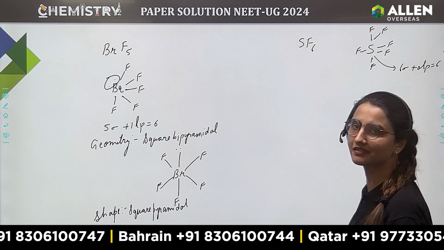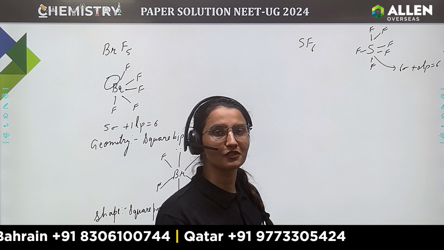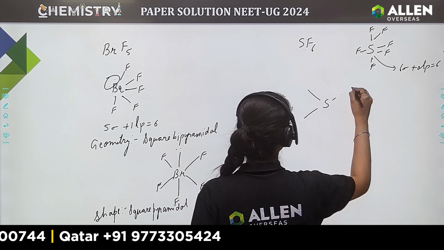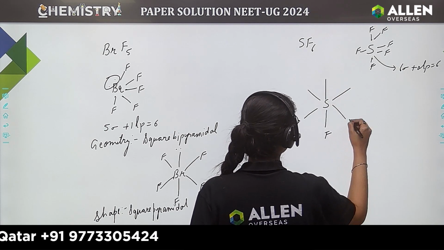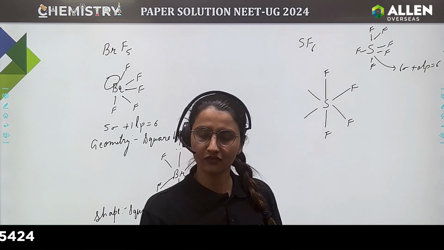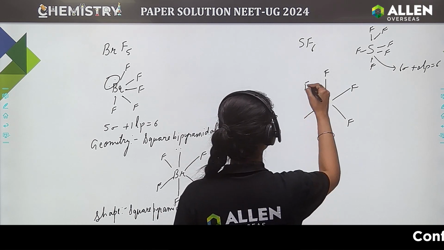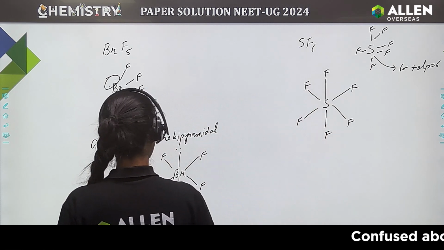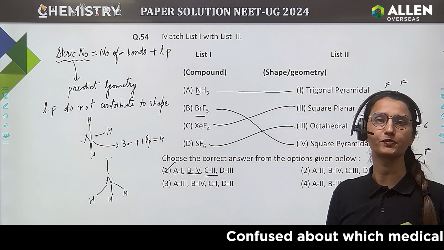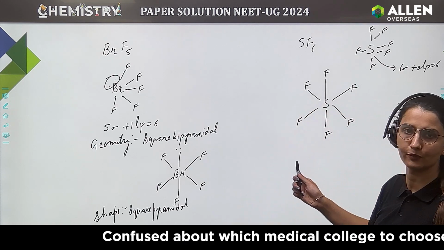Steric number is 6. So geometry and shape are the same because there is no lone pair. And what is the shape? Shape is, students, octahedral. Either I can say octahedral or we can also say square bipyramidal. Let's quickly check. What is the option? Oh, octahedral. So we have got our option. Correct? Right. Proceeding ahead.